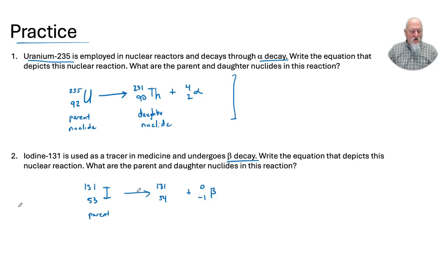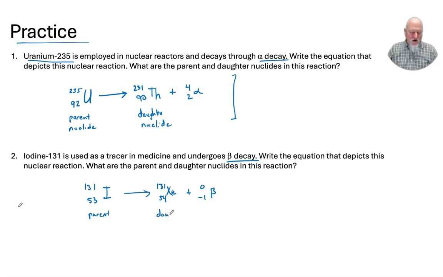Okay? So looking on the periodic table, the element that has an atomic number of 54 is xenon, Xe. So in this process, we produce a xenon atom, one of the isotopes of xenon. That's going to be the daughter.